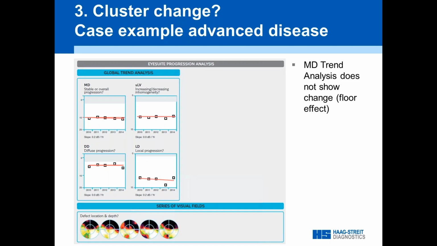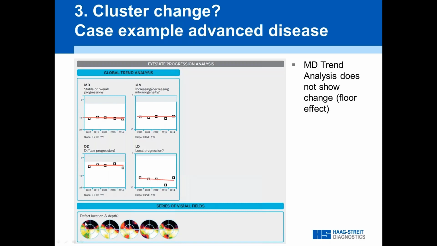And it's also nice in these more advanced fields when we have floor effects. In this patient, most of the superior visual field is gone, so that makes it look kind of stable, even though it's not. And the overall trend analysis isn't picking anything up, even though just looking at this, there may be some progression here inferiorly.